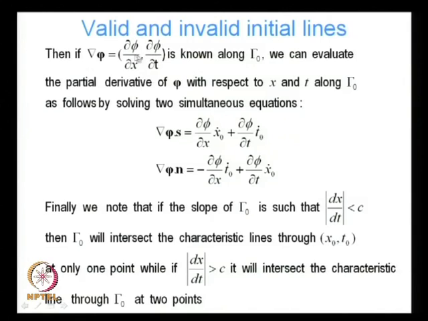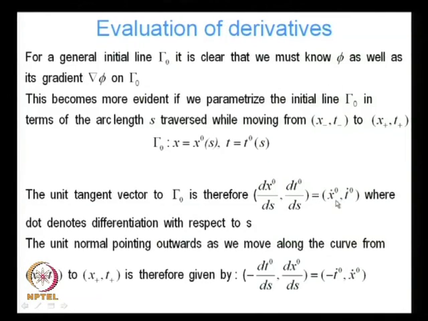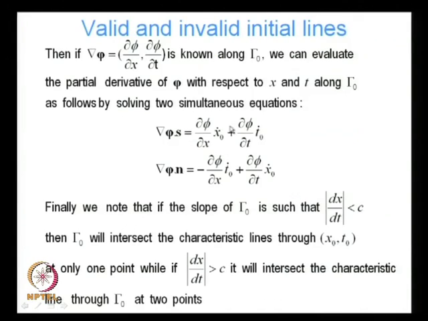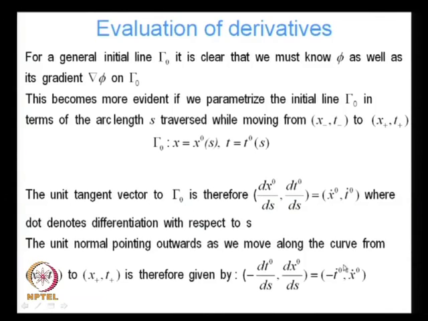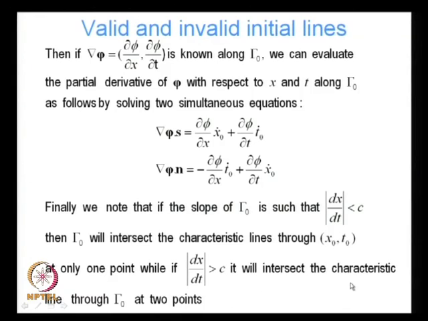If you take this gradient vector and take the dot product with this vector, x dot 0, t dot 0, I basically get this on the right hand side. Similarly, if I take the gradient and take the dot product with the normal vector, I get this term. So, now we can solve for the partial derivatives, if I know these quantities.